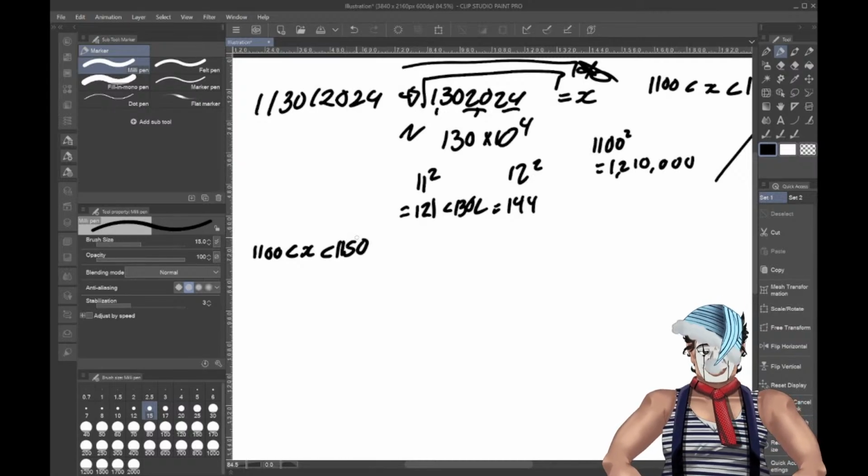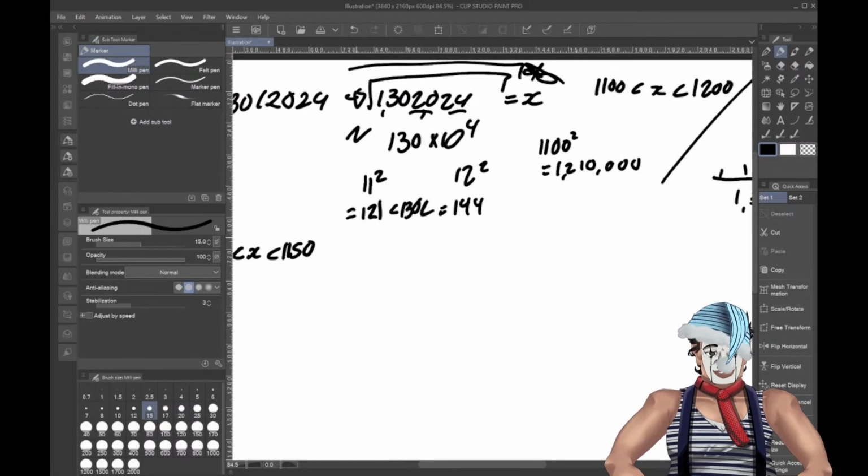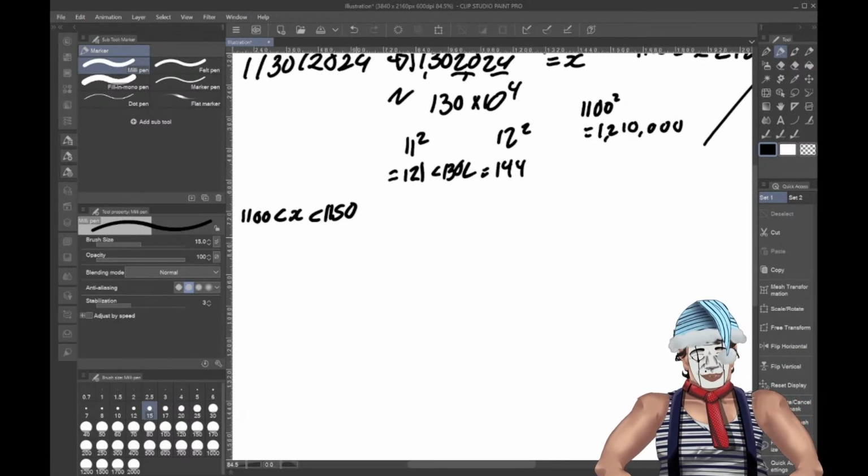We knocked out about 50 integers, so let's try a little closer now. Let's try 1,125. 1,125 squared, that's 5, that's 25, that's 5, that's 12, that's 6, that's 5, that's 10, that's 5, that's 2, that's 2. The rest is just 1.